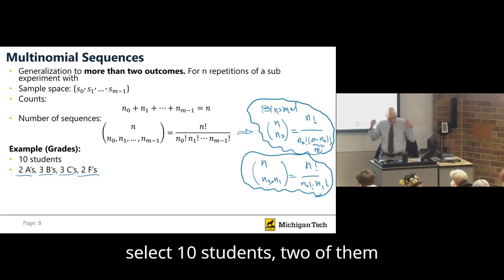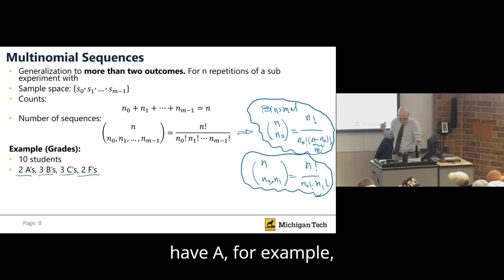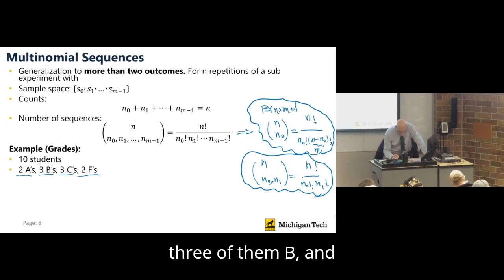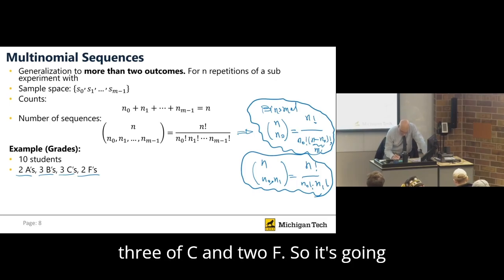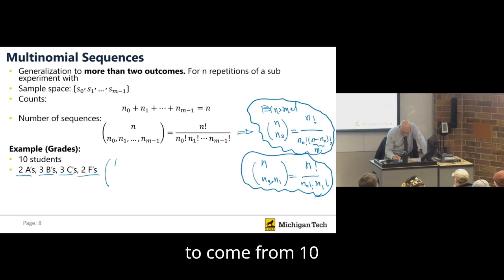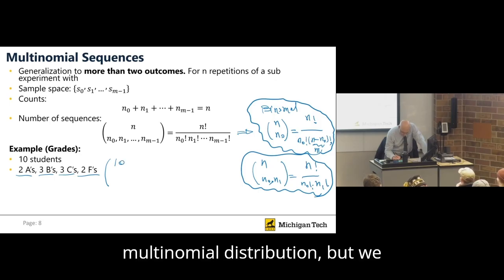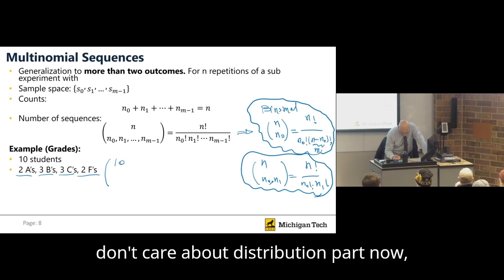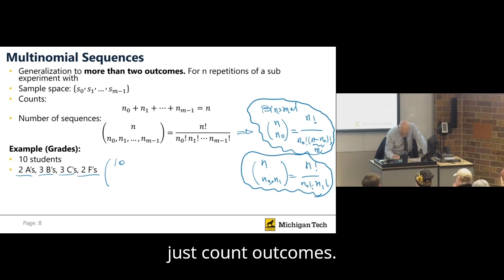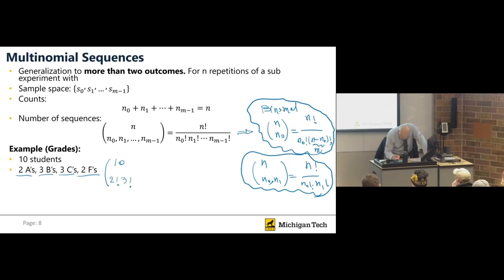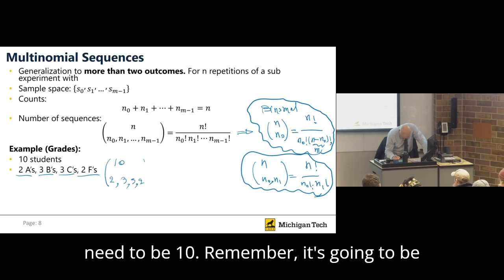If we select 10 students, 2 of them have A, for example, 3 of them B, and 3 of C, and 2 F. So it's going to come from a multinomial distribution, but we don't care about the distribution part now. Just count the number of outcomes: 2, 3, 3, 2. The sum needs to be 10, remember?